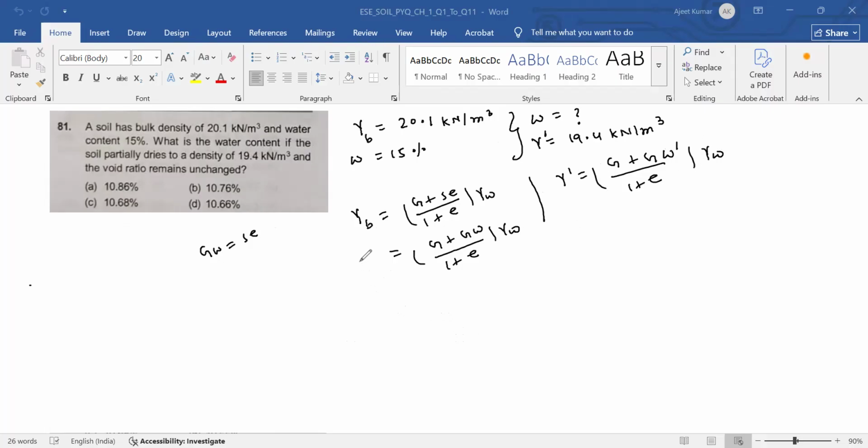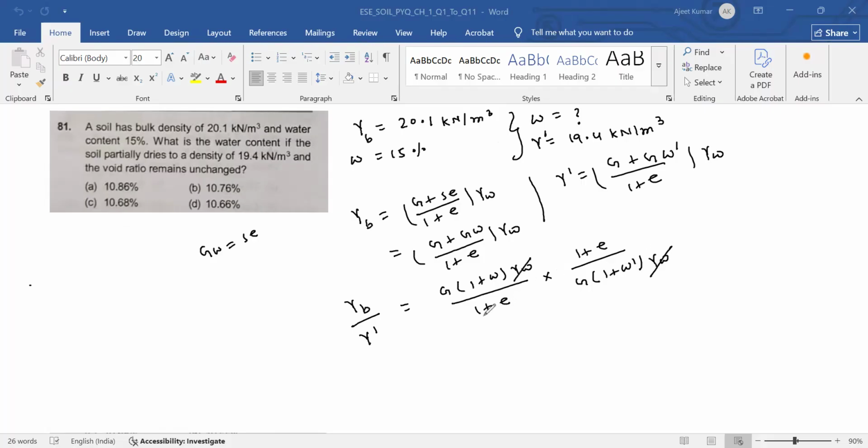When we take these as a ratio, that is gamma b divided by gamma prime, then if we take G out, this is G(1 plus w) into gamma w divided by (1 plus e), multiplied by (1 plus e) divided by G(1 plus w prime) into gamma w.